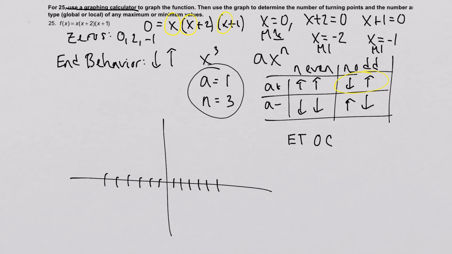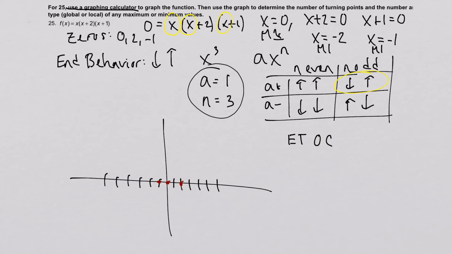So for the zeros, we have, putting them in red here, 0, negative 2, and negative 1. Those are my 3 zeros. So my line is going to cross through each one of those 3 points. That's what we learned, that everything crosses here.